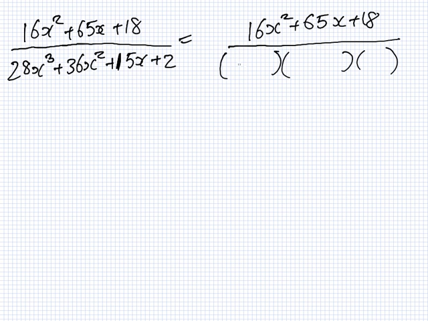So the three factors are 7x plus 2, 2x plus 1. Now the calculator only gives me two factors.